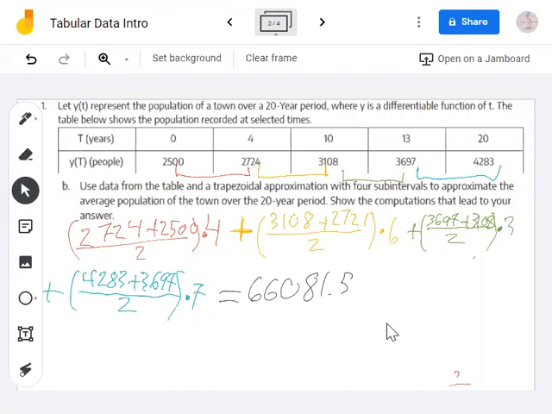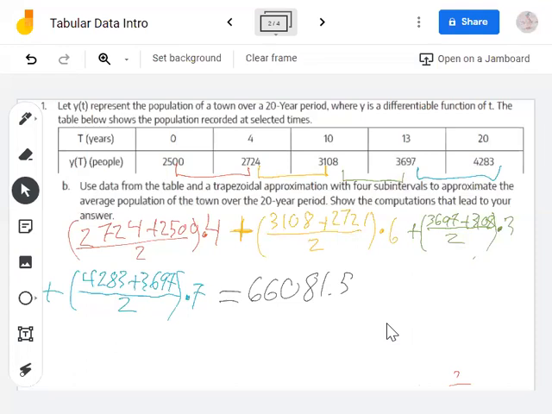We need to divide by 20 because if you looked at the units on this, it would be people years. Divide by years to get people. Exactly, because the 2,724 plus 250, those are people, so you're adding people together, dividing by 2, and then multiplying by 4 years.